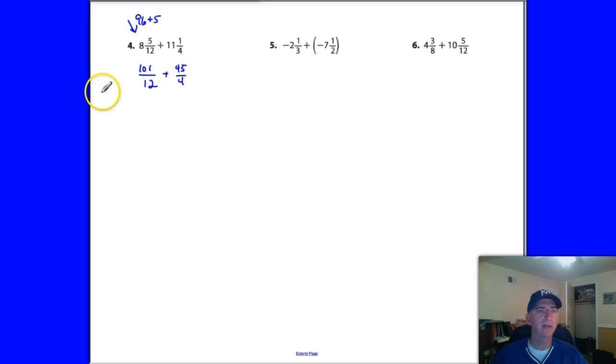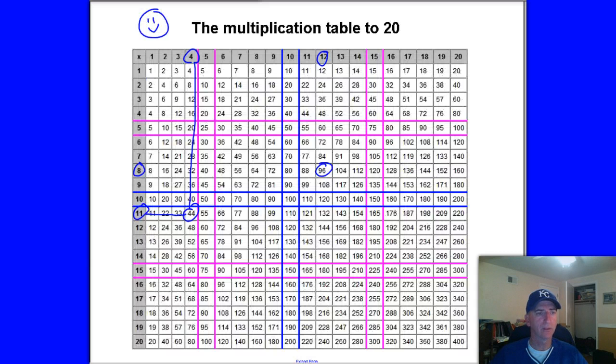What we've got to do now is, we've got 12 and 4, and we've got to find the least common denominator, just like we did last week. Let me make some things disappear here to make our life a little bit easier. We start at the 4 and we picture our table.